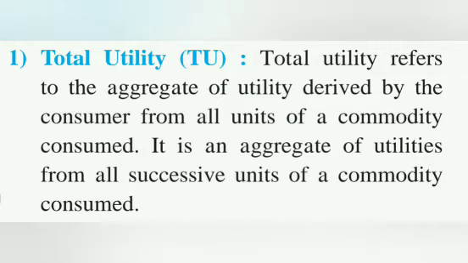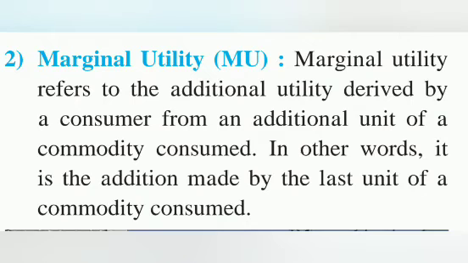Then what is marginal utility? That means MU. Marginal utility refers to the additional utility derived by a consumer from an additional unit of a commodity consumed. In other words, it is the addition made by the last unit of a commodity consumed.